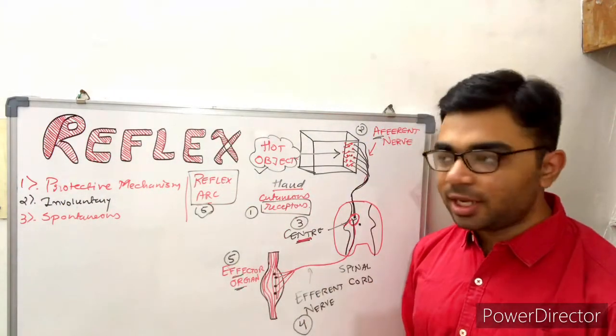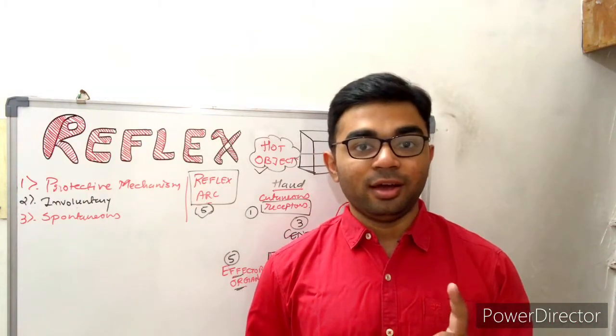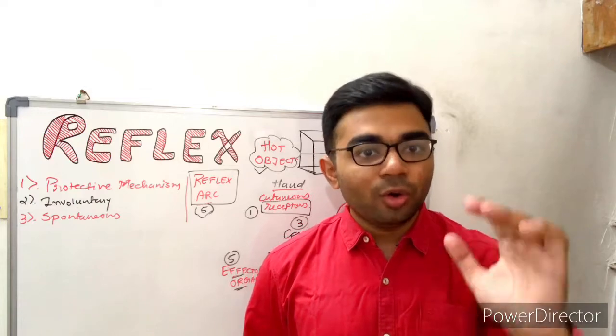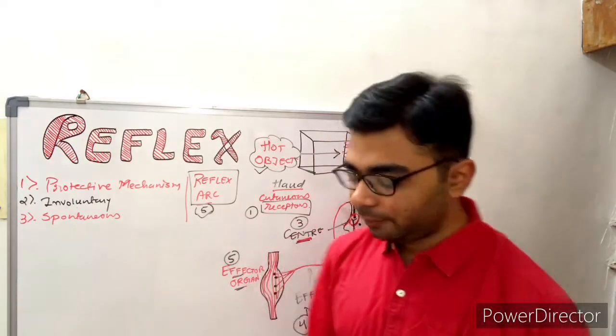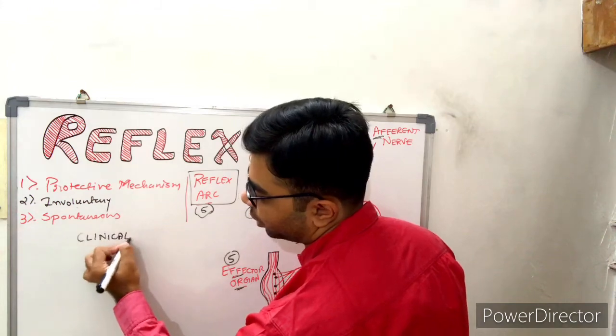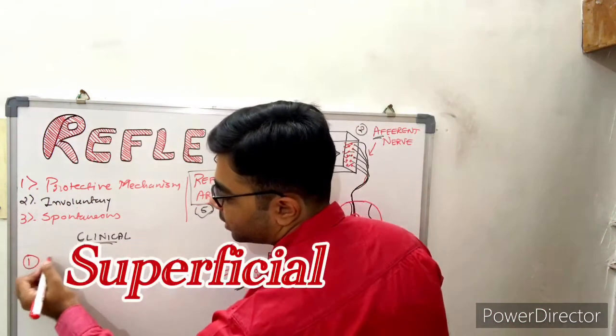Second thing is, whenever we are assessing a patient in the clinic, to assess the reflexes, go layer wise. In the clinical portion, go layer wise. First is the superficial layer.